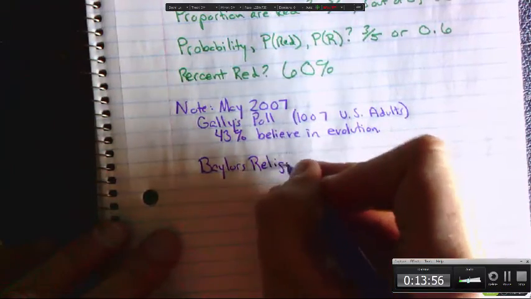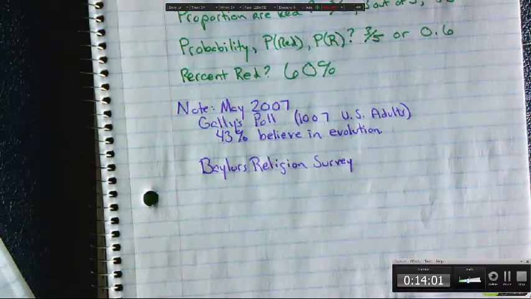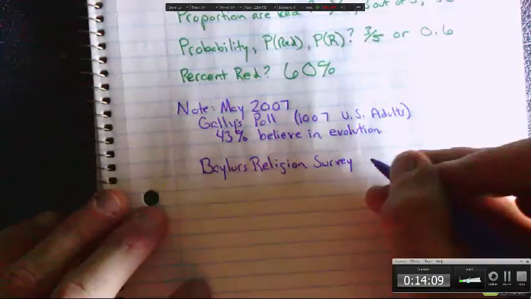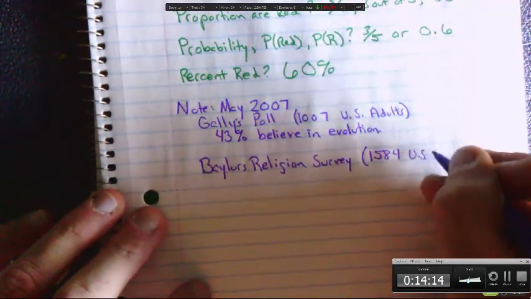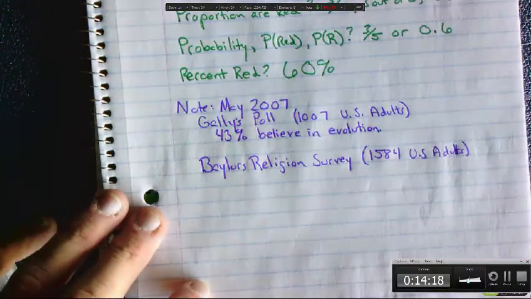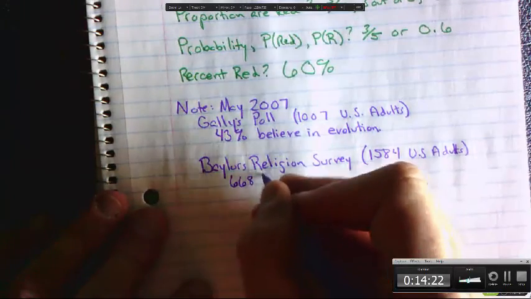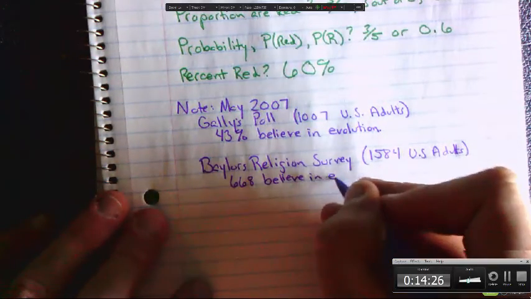Now, the Baylor Religion Survey also does the same kind of survey. They contact 1,584 U.S. adults, and they get 668 who believe in evolution.